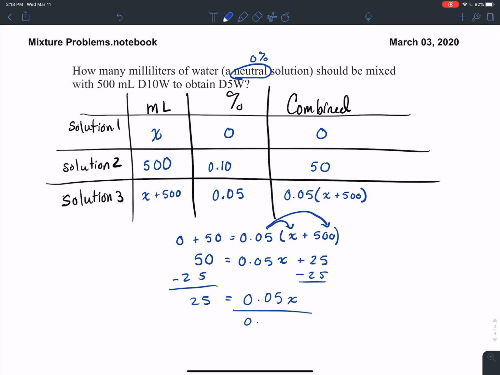I undo multiplication with division and find that 500 equals x. To make sure I'm giving the right units, I look back up. X was a milliliter, so we need 500 milliliters of that solution 1, so of water.